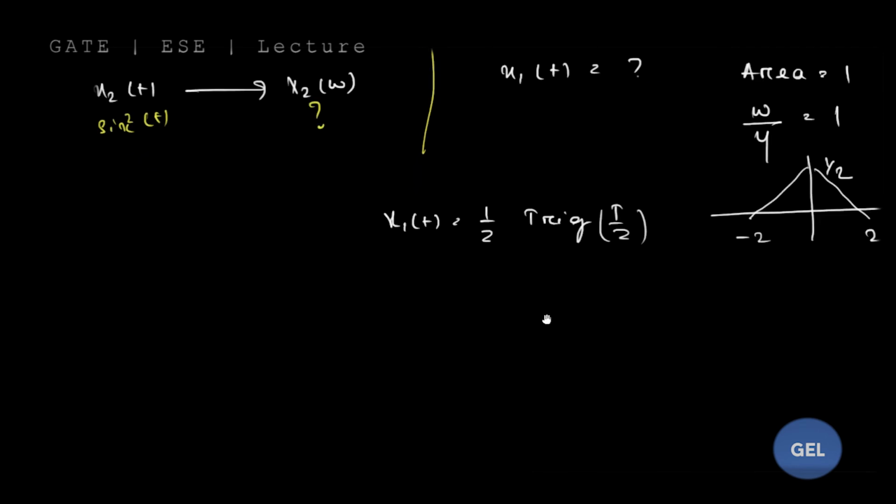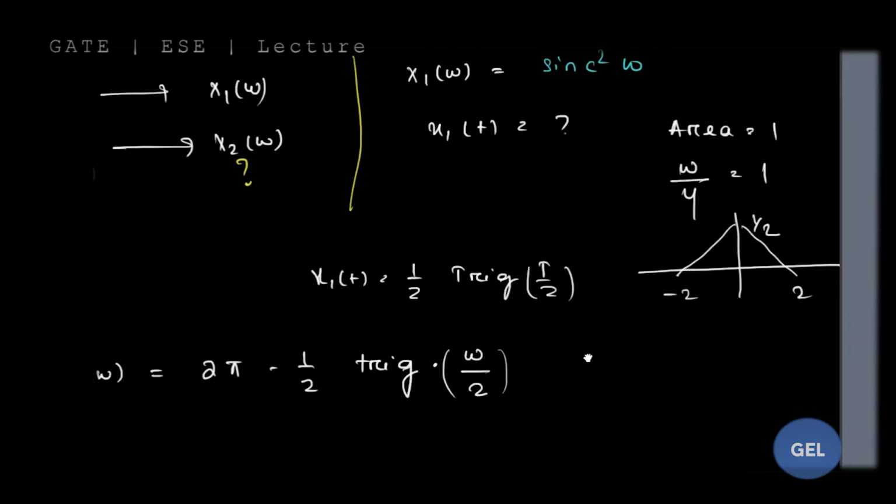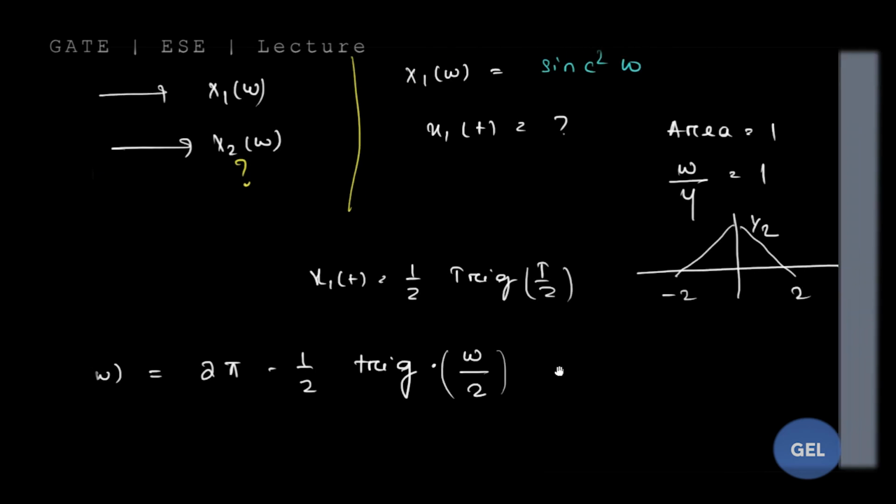Now if you got this value, you can write X2(ω) as 2π into 1/2 into triangular ω/2. You can replace t in place of minus ω, and we can replace minus ω by plus ω because it is an even function.